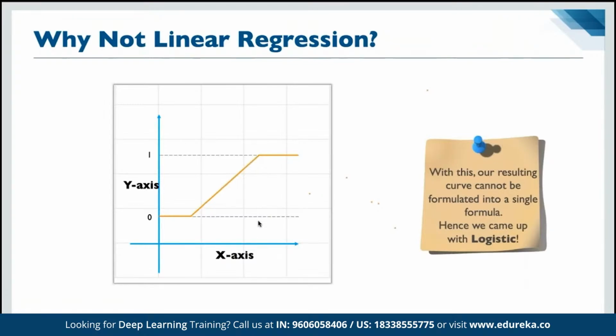And after a certain value of x, till positive infinity, it should still give me 1. This is where we get the logistic or logit model, a mathematical model. Even though we are still using the same regression equation, that is why we still call it logistic regression.